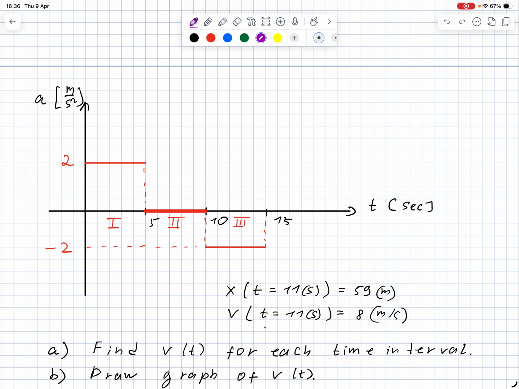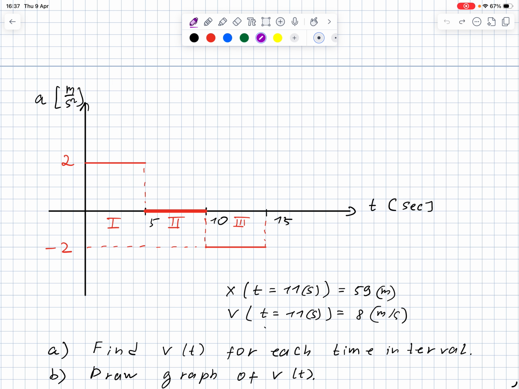Also, we know that the position of this object when time equals 11 seconds is plus 59 meters. Also, at the same time of 11 seconds, the velocity is 8 meters per second.